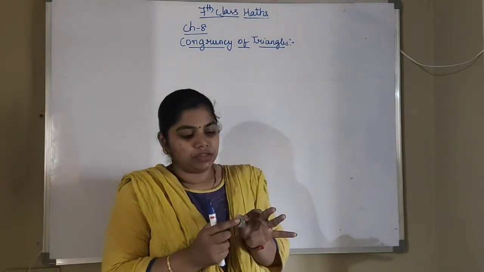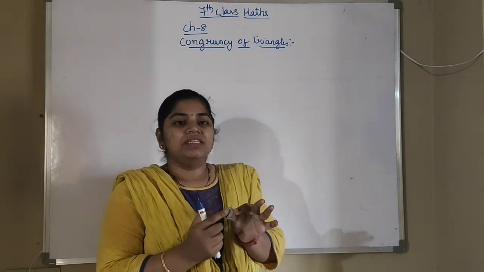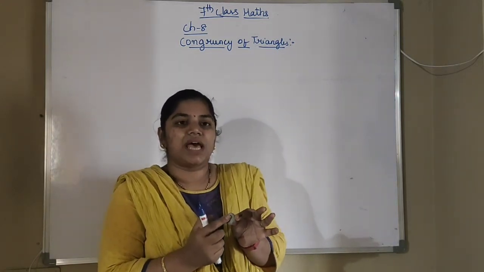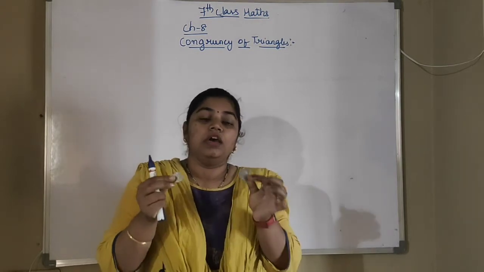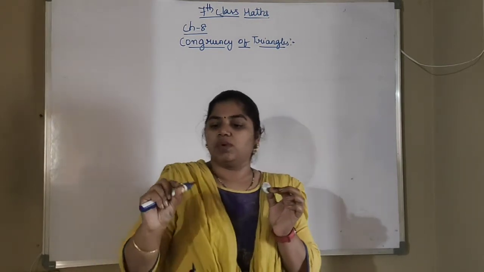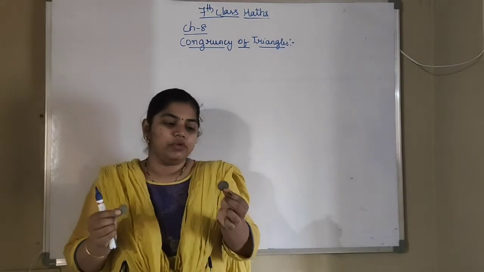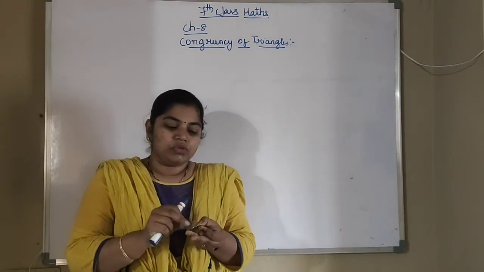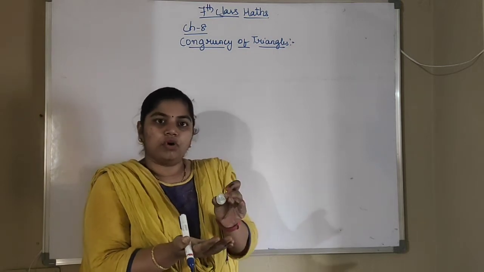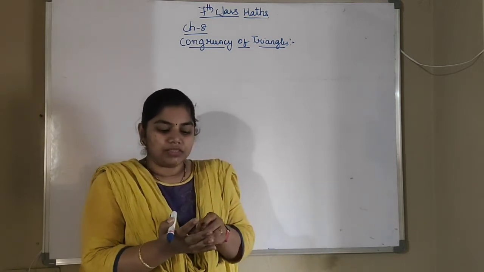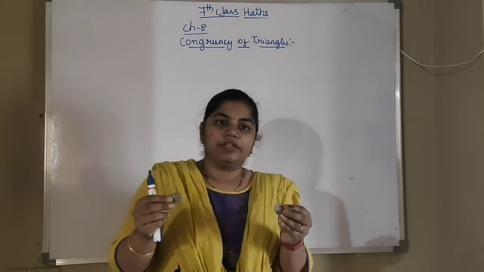It does not have the same shape and size, because the 1 rupee coin is small and the 2 rupees coin is big. So we can't say these two coins are congruent to each other.